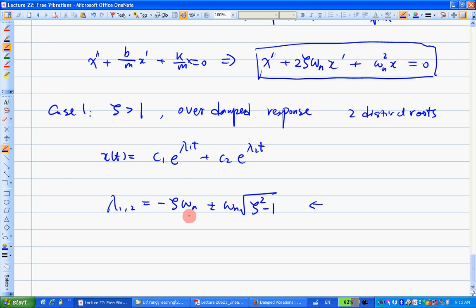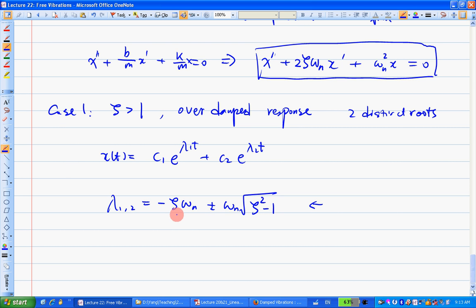So I just skipped one step here. Instead of using b, m, k, I'm using zeta and omega n here. All right? So here's lambda 1 and lambda 2. Now I want you to observe what the lambda 1 and lambda 2 values are, right? First of all, you need to understand real systems, so all the parameters are positive numbers. So m, b, k are all positive numbers, which also means omega n and zeta are all positive numbers.